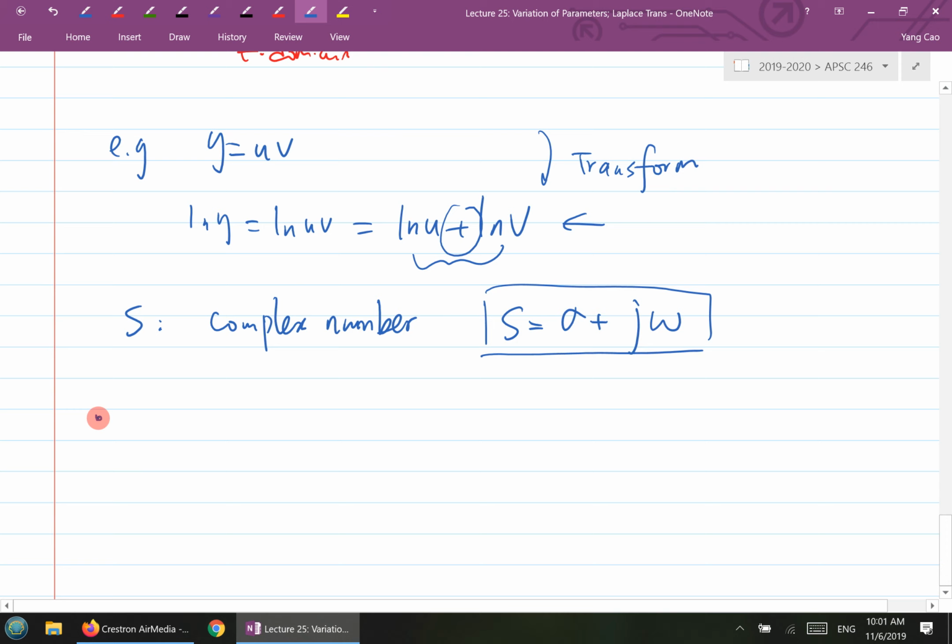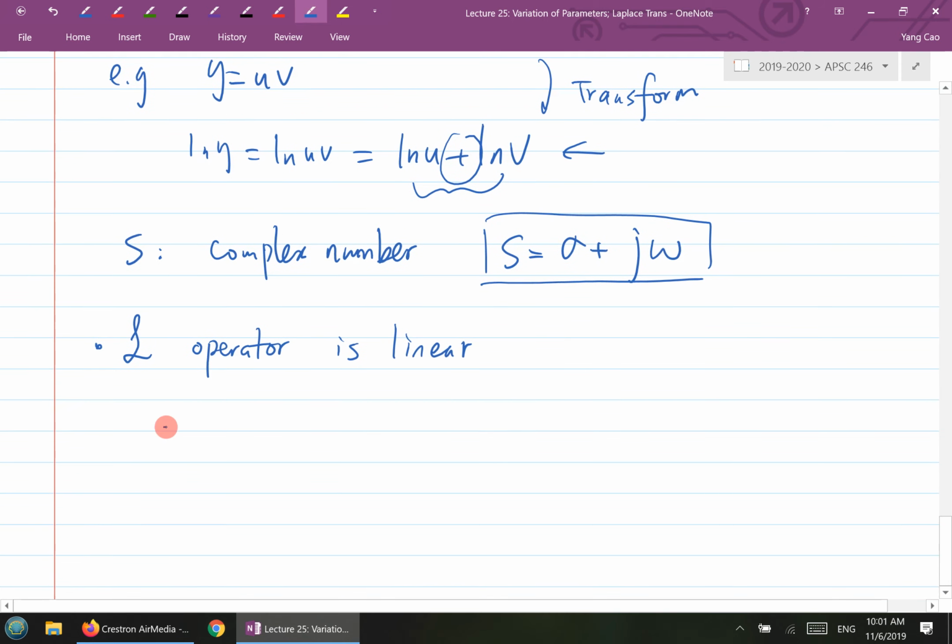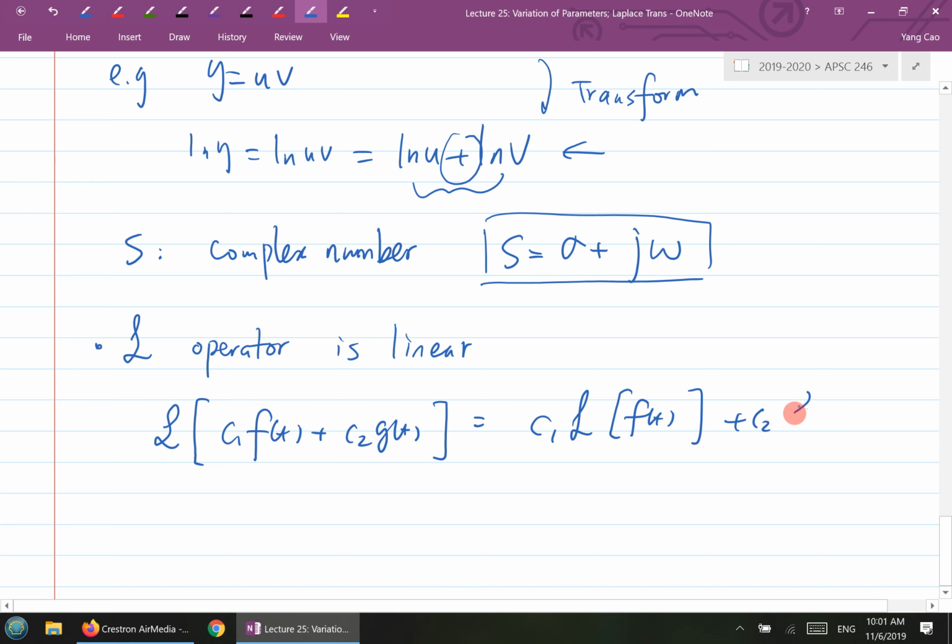And the other thing is this L operator. This Laplace operator is linear. It's a linear operator, which basically means the superposition rule is satisfied. So if you plug in C1 f(t) plus C2 g(t), then you should get C1 Laplace of f(t) plus C2 Laplace of g(t).